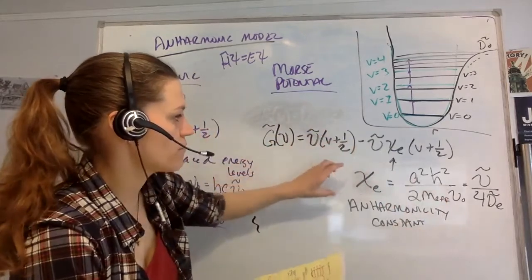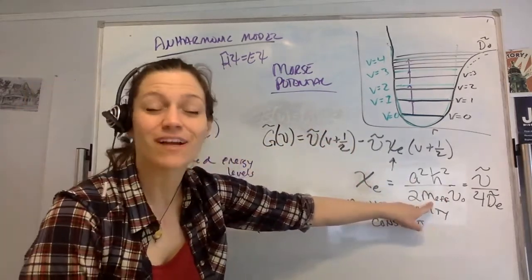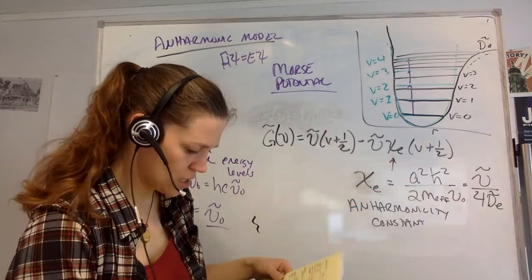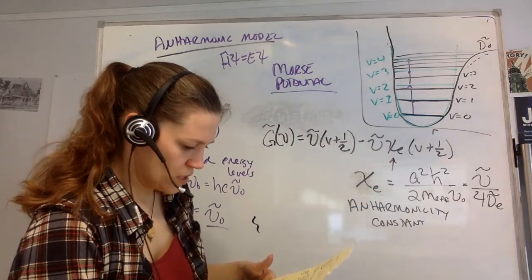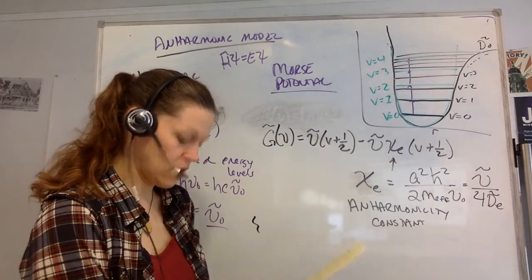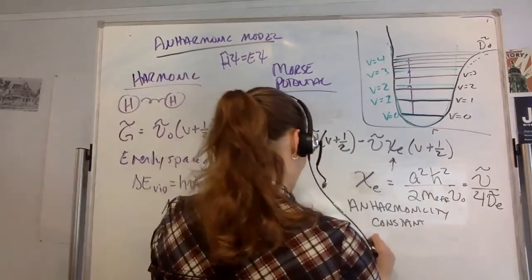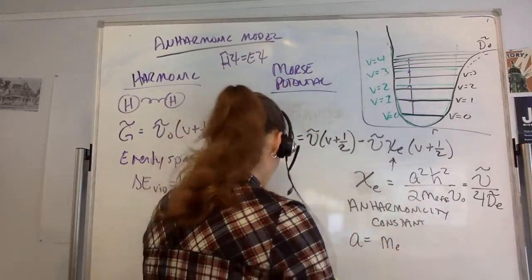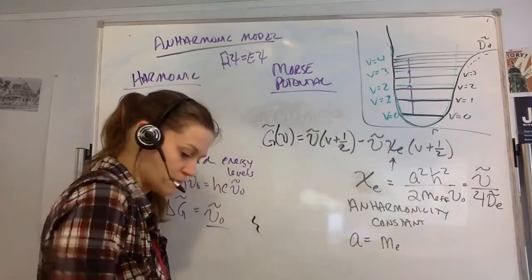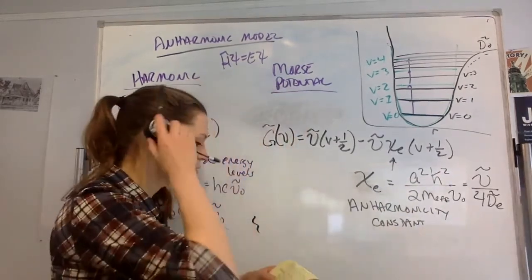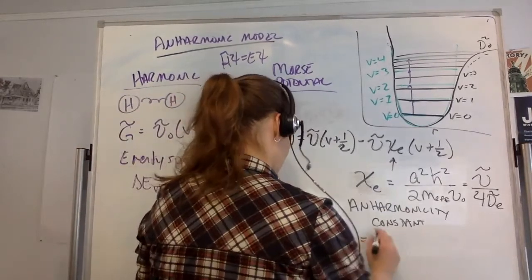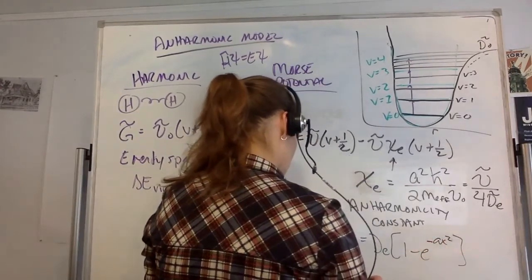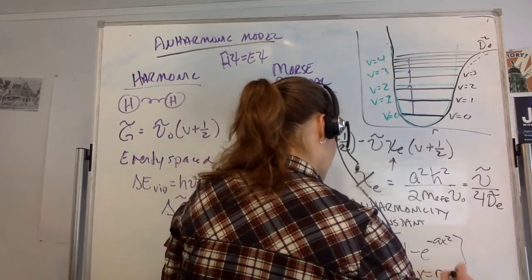So you have now an effective mass dependent constant, and actually, what is a? Oh, I've just solved for a in terms of x. So a comes from the Morse potential, where here's the actual Morse potential, dE times (1 minus e to the minus ax) squared, where x equals r minus r sub e.